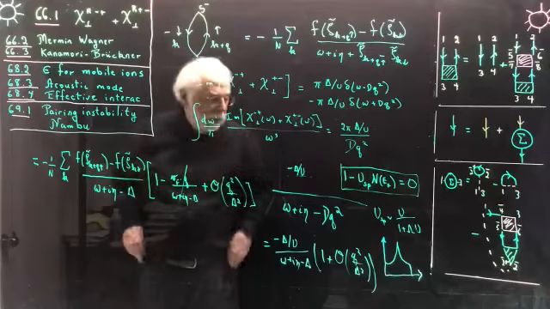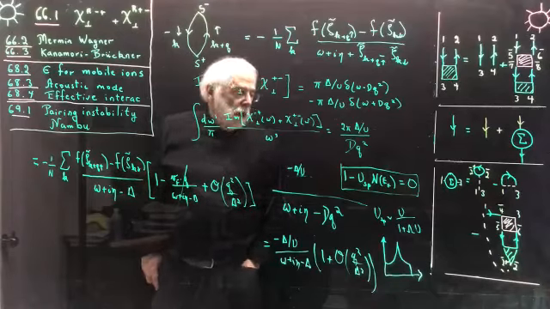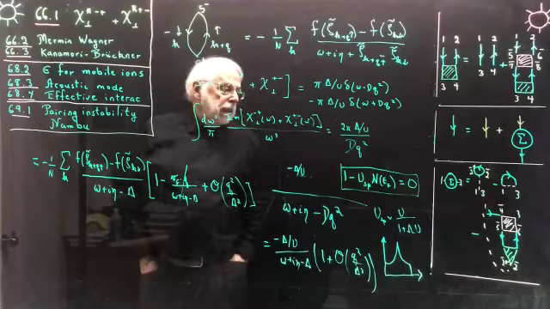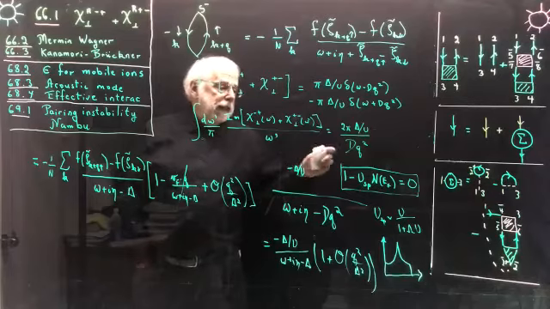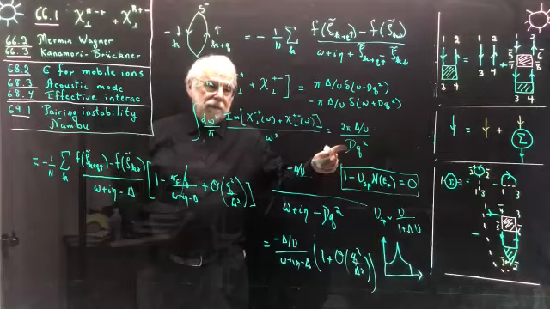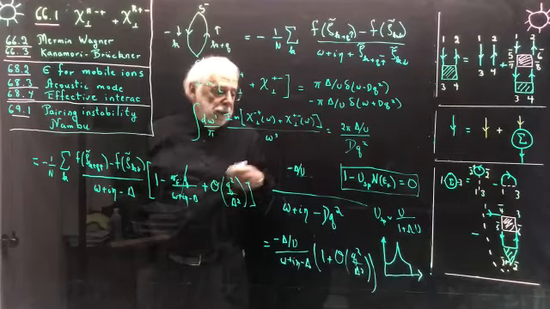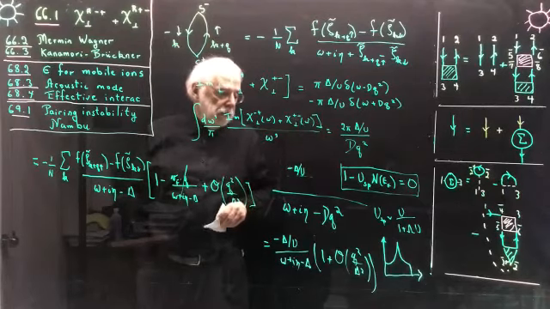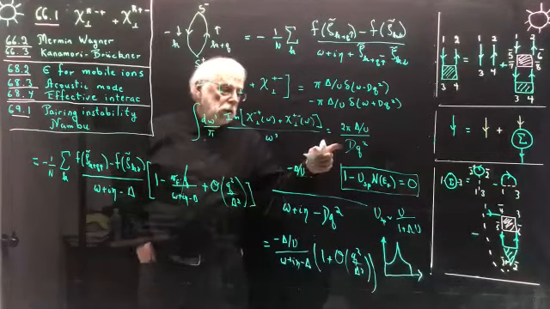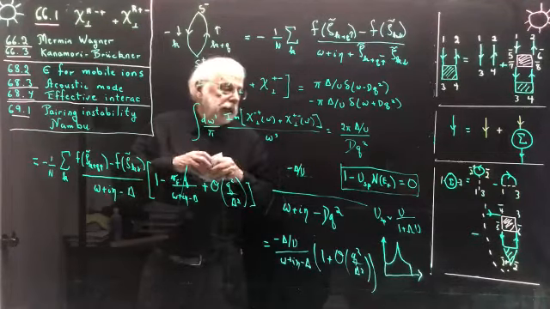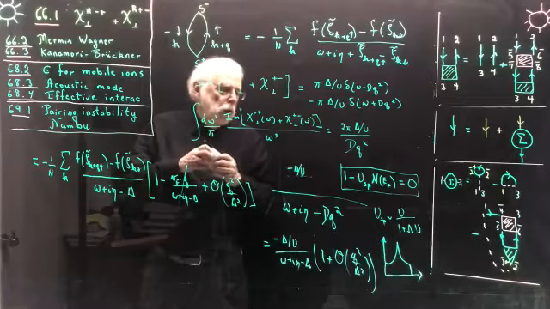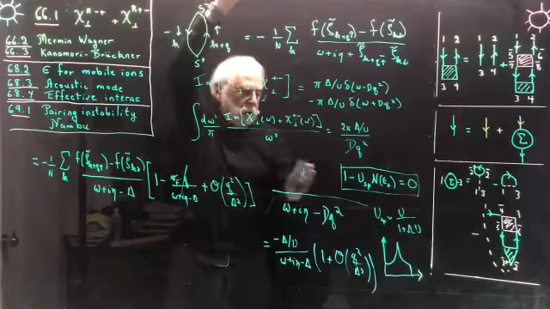Otherwise, it doesn't work. Now, the other thing you can see is that the ferromagnetic state will become unstable when D is negative. Okay, because then you get a negative thermodynamic susceptibility. And so that's another way to see where the system is unstable, and usually that coincides with this condition.